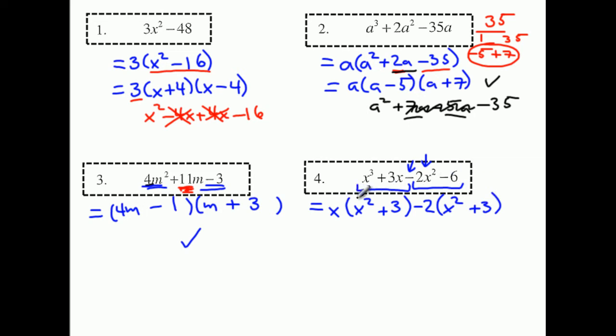And then just check that for the first pair as well. X times x squared gives x cubed. And then x times 3 gives 3x. So that's good. Alright. Now at this point, we have an x squared plus 3 in both of these terms. So it looks like we can pull out an x squared plus 3 from each of these.